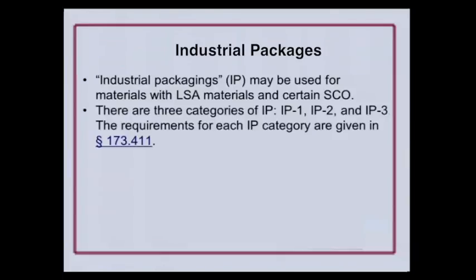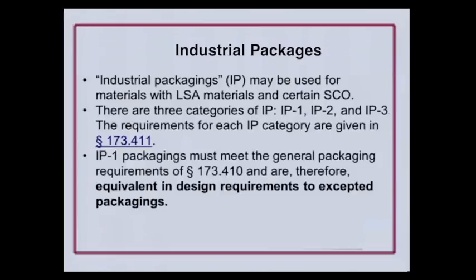There are 3 categories, 1, 2, and 3. You can go to this link and it gives you the specifics of each one, but basically it's increasing level of hazard. IP1 is not as hazardous as IP3. In a general sense, IP1s have to meet the general packaging requirements, that umbrella that most of them have to meet to begin with, and equivalent design requirements to accepted packaging.